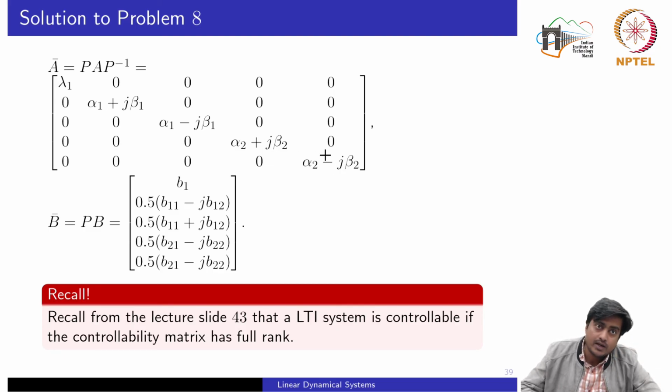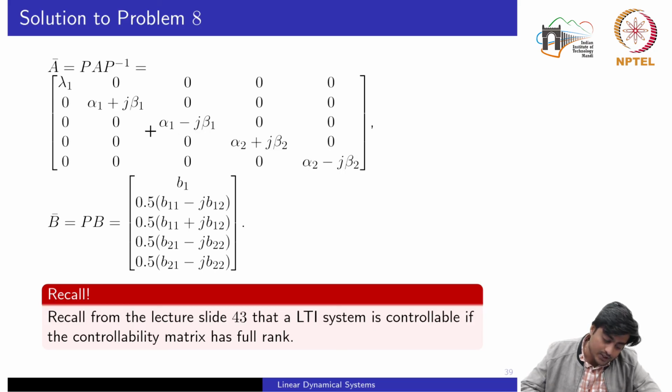Now this matrix becomes a complex matrix. And from the beginning we knew that there are 5 distinct eigenvalues, where 4 eigenvalues are complex conjugate pairs and the 5th one is the real eigenvalue. So I can express all these 5 distinct eigenvalues in the form of a diagonal in the A matrix.